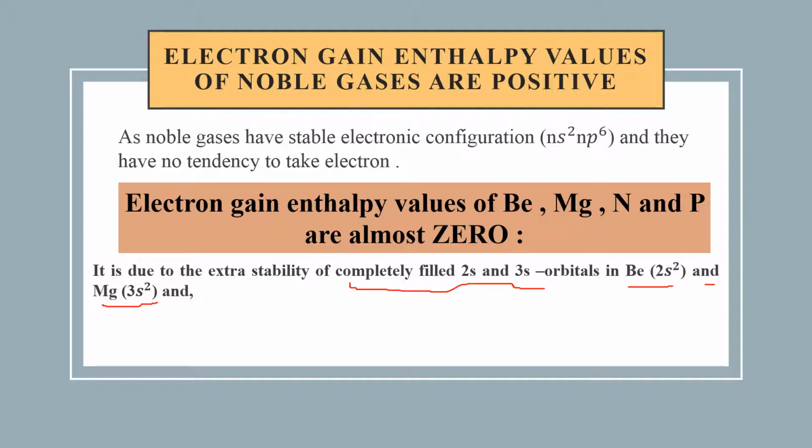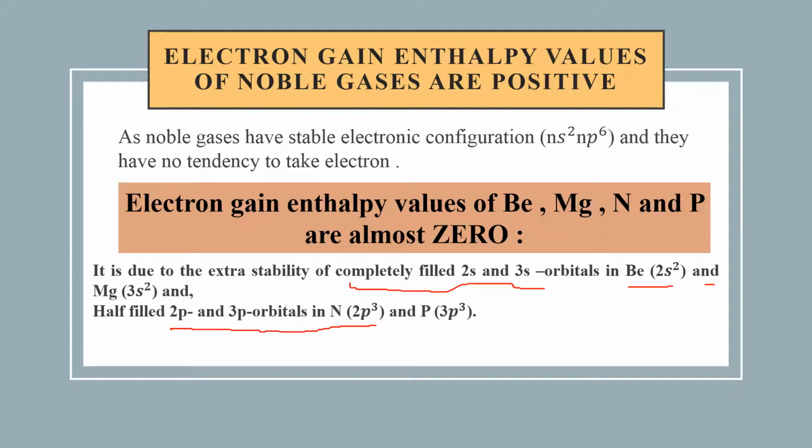So they both attain stability, because completely filled and half filled orbitals are stable in nature. So beryllium and magnesium, due to their completely filled s orbitals, attain extra stability. Similarly, in phosphorus and nitrogen, they have half filled 2p and 3p orbitals. In nitrogen, the valency electron configuration is 2p3, a half filled 2p orbital, because p can hold a maximum of 6 electrons and here in nitrogen there are only 3, so it is half filled.